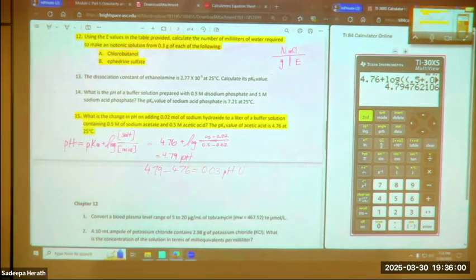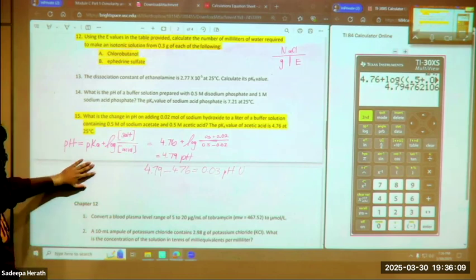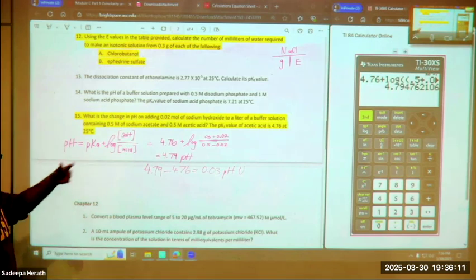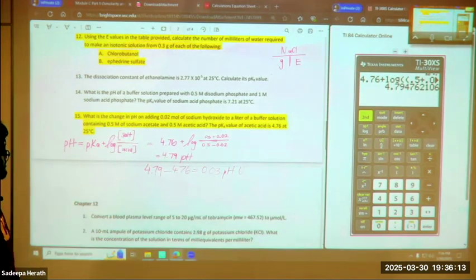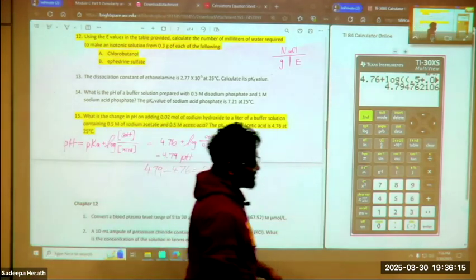So that's what you need to understand about buffers and such. This equation is very important, and then from there on, you manipulate. That's the basis for this class, at least.